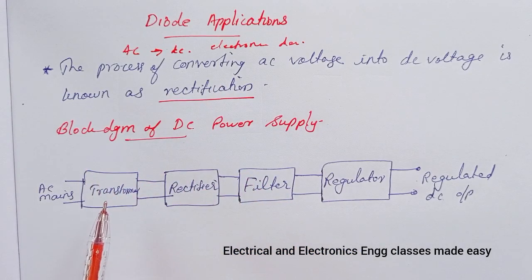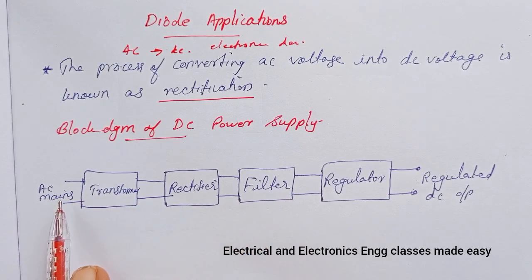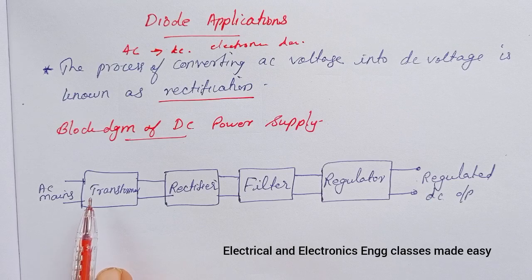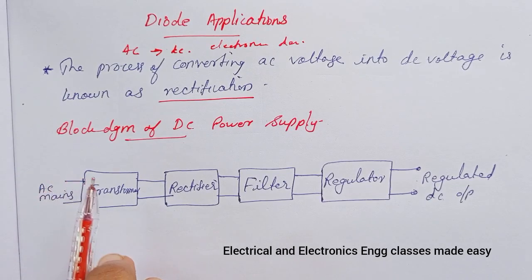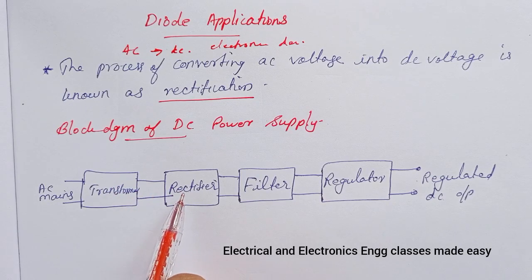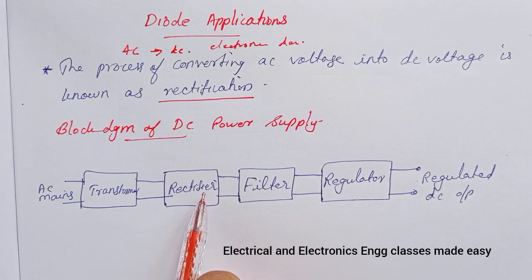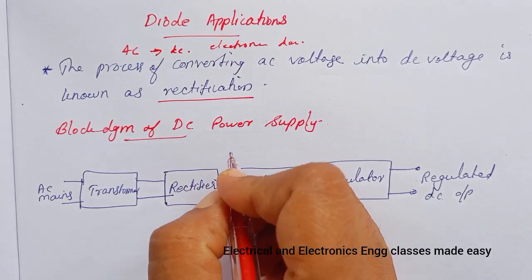And this is the block diagram of a regulated DC power supply. The transformer steps down the AC supply into AC voltage of the required level, and it is given to a rectifier. The rectifier converts AC input voltage to a pulsating DC voltage.